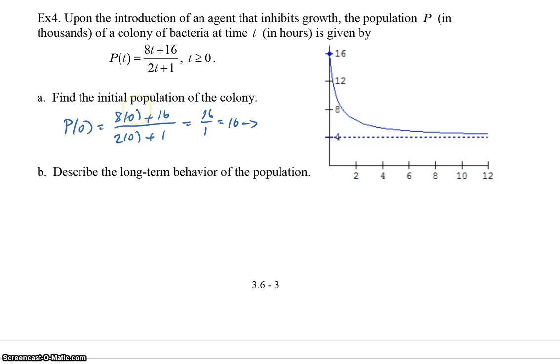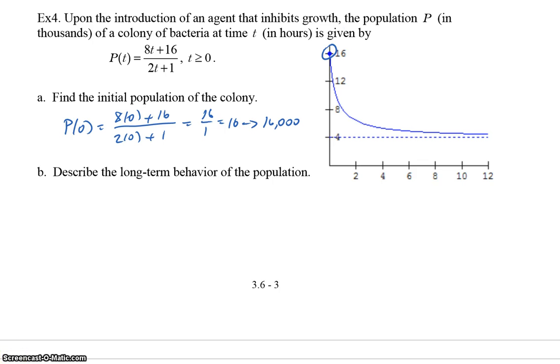That would correspond to 16,000. Since population is measured in thousands, 16,000 bacteria. That's the point that we see right here. Notice how the population is going to crash from that point and start to approach a horizontal asymptote.